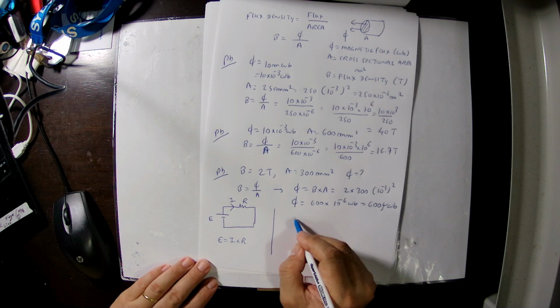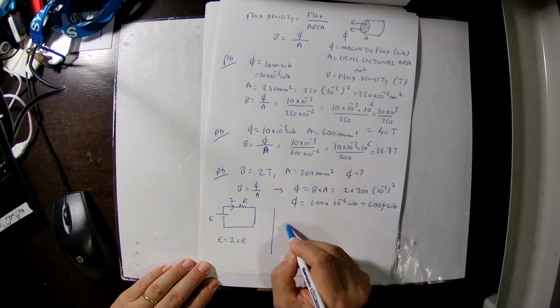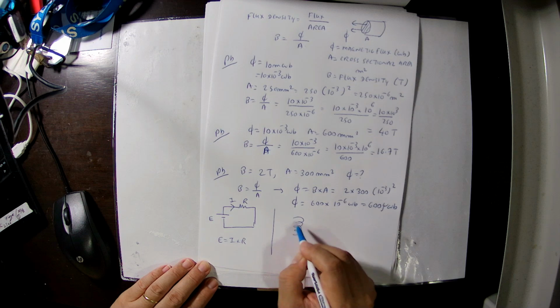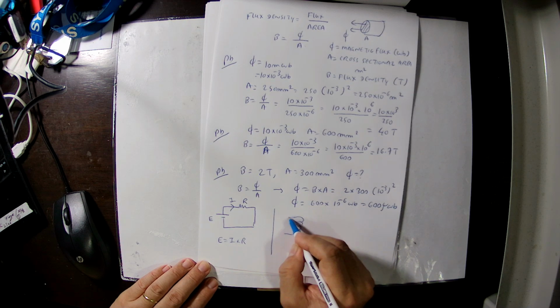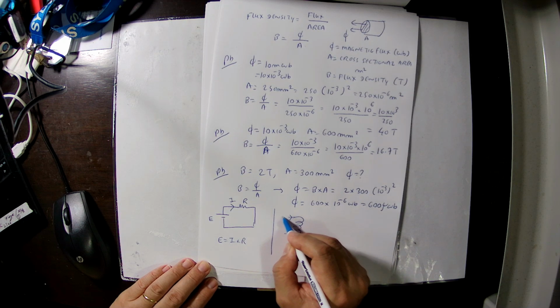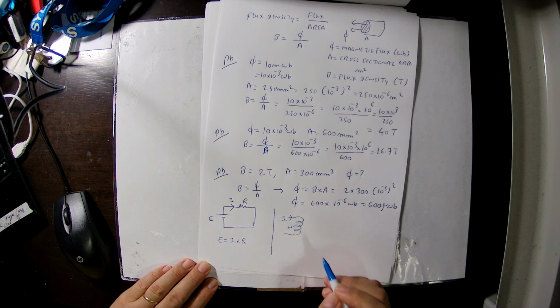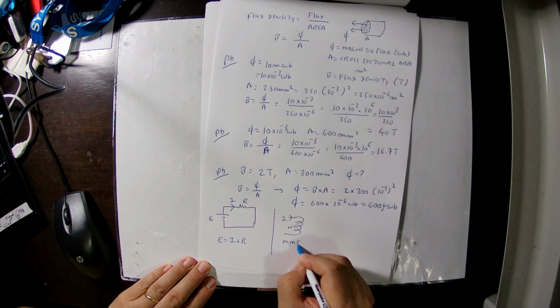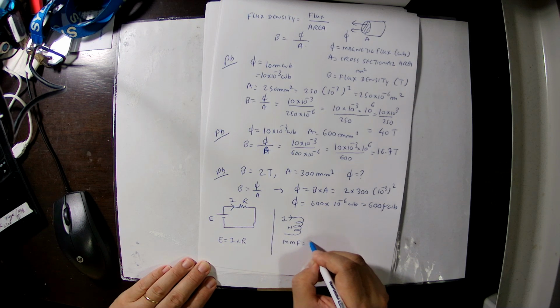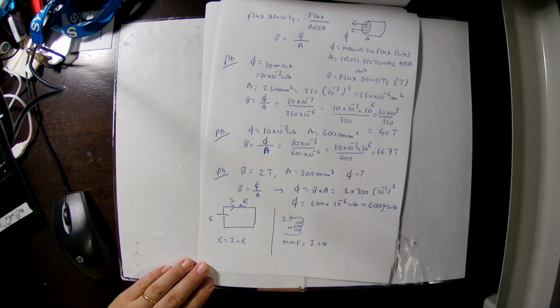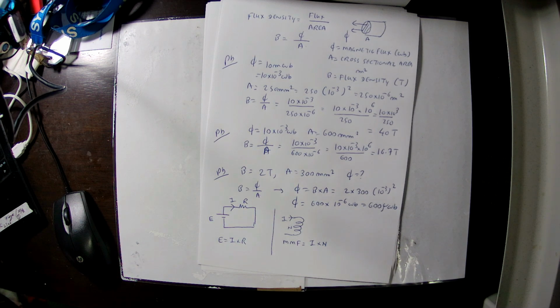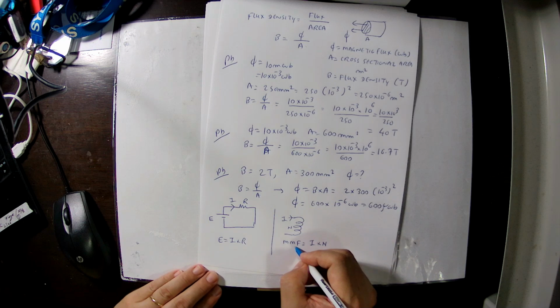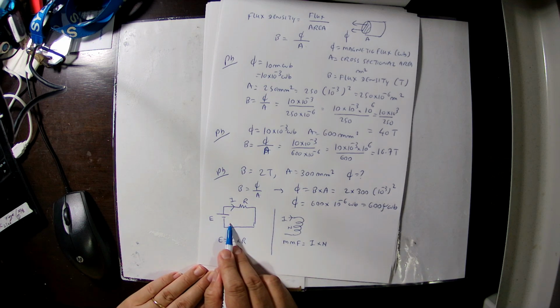Similarly, here is a magnetic coil. When electrical current flows into the coil with number of turns N, then we can produce a magnetomotive force, MMF. It's current multiplied by number of turns. This is the way we calculate. MMF is the magnetomotive force, similar to the voltage.